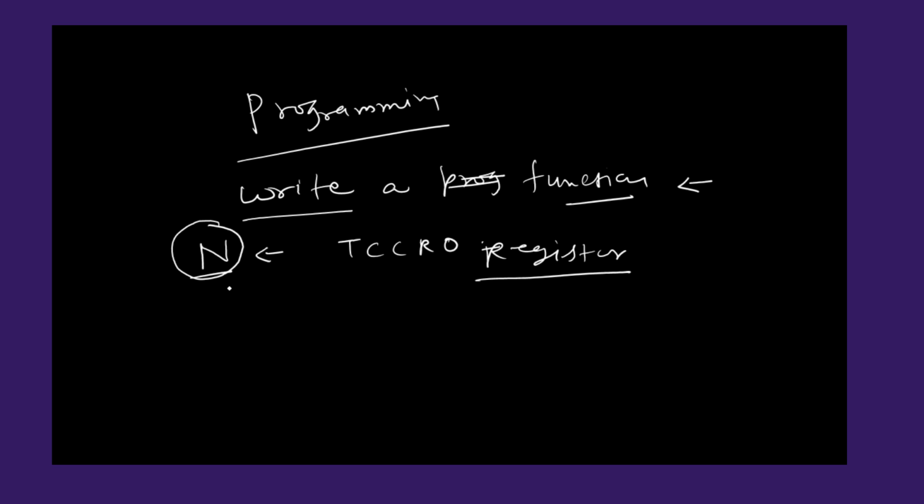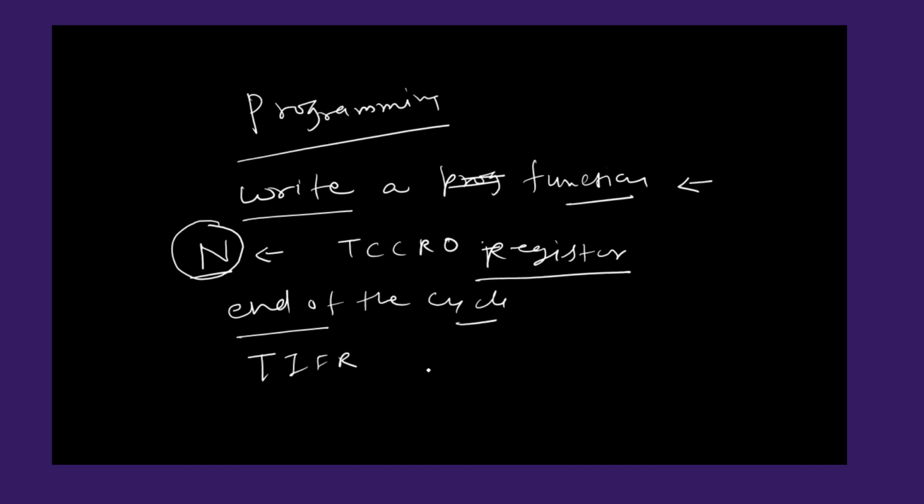Now after starting the timer, we have to check the end of the counting cycle. For that we can check the flag value. The flag is part of the TIFR register.